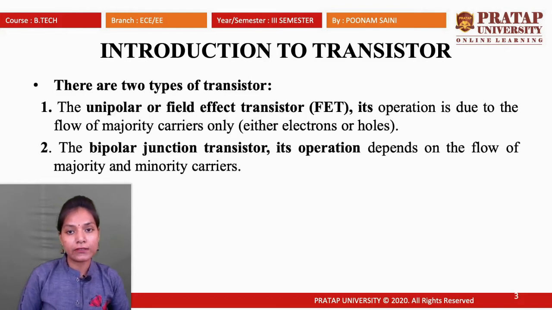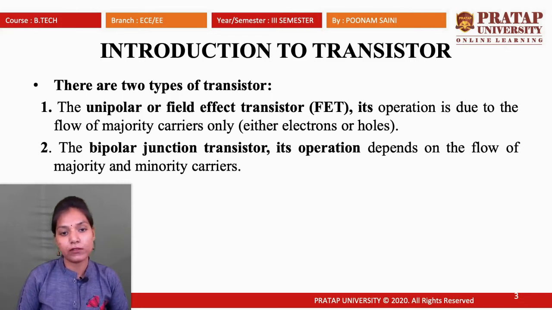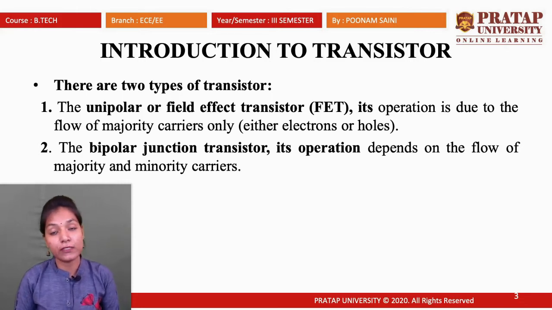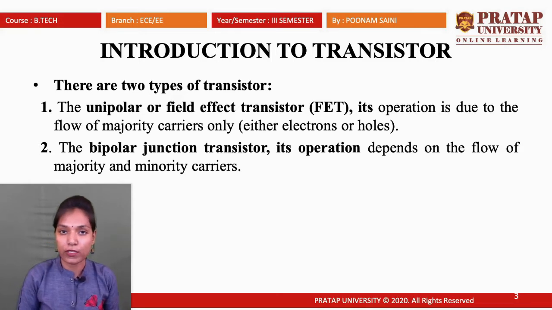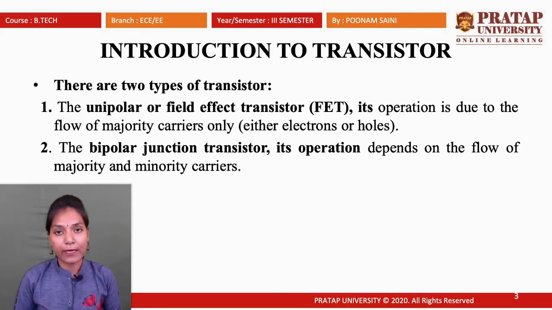In transistors there are two types. First is the unipolar or field effect transistor, second is the bipolar junction transistor. What is the difference between a unipolar and a bipolar junction? In a bipolar junction transistor, the operation of a BJT depends upon the majority charge carriers as well as the minority charge carriers.